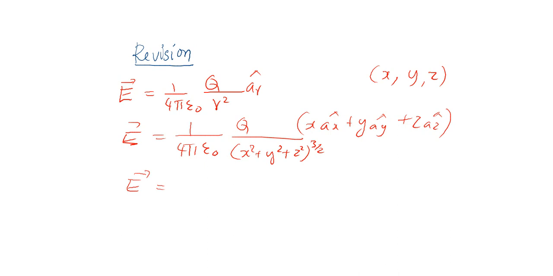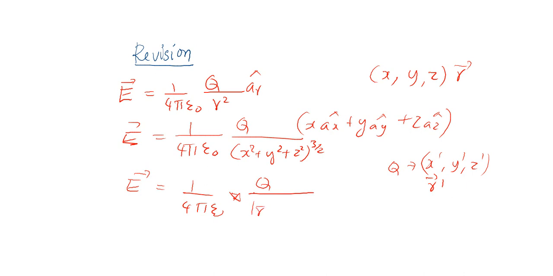If the charge q is kept at x dash, y dash, z dash, and the position vector for this is r dash and this is r, then the expression for electric field intensity is given by 1 by 4 pi epsilon 0 q divided by mod r minus r dash whole cube into vector r minus r dash.